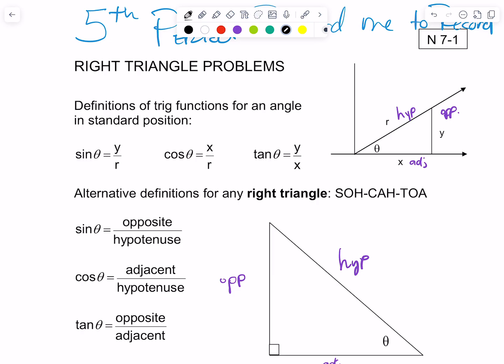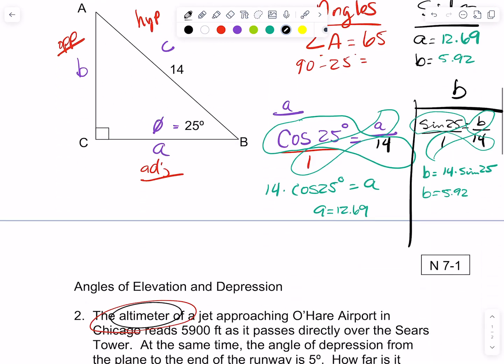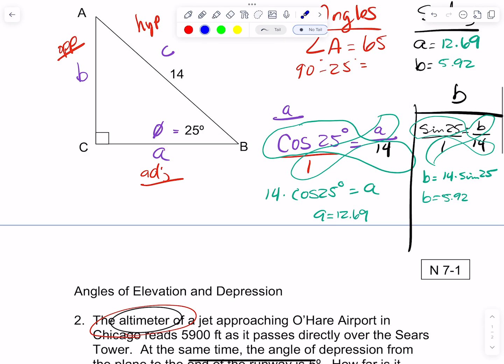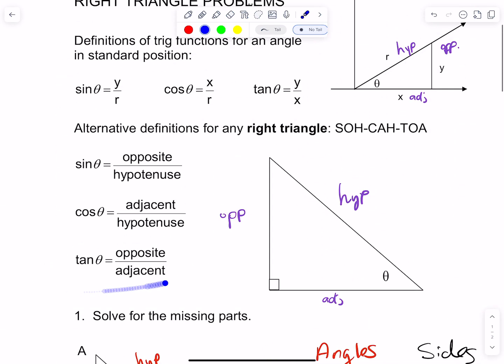Tan. Yes. The reason we're using tangent is because we're using the opposite. We're looking for adjacent. We're not even messing with the hypotenuse at all. Opposite and adjacent is your tan.